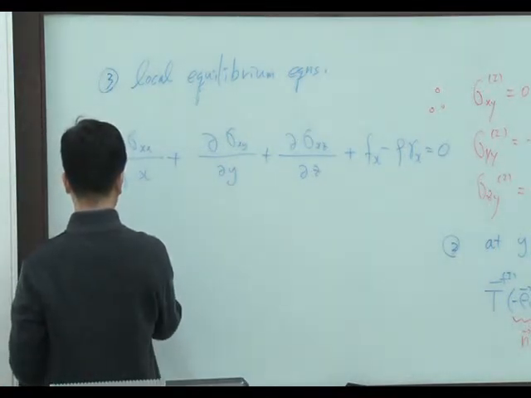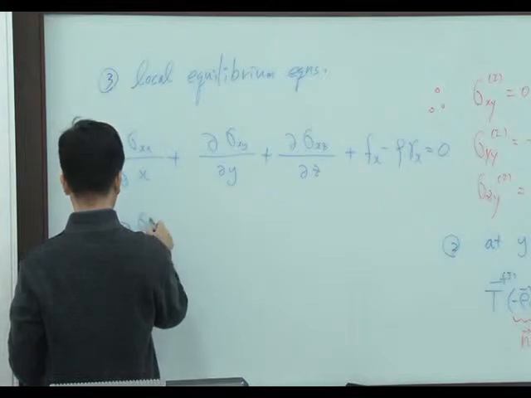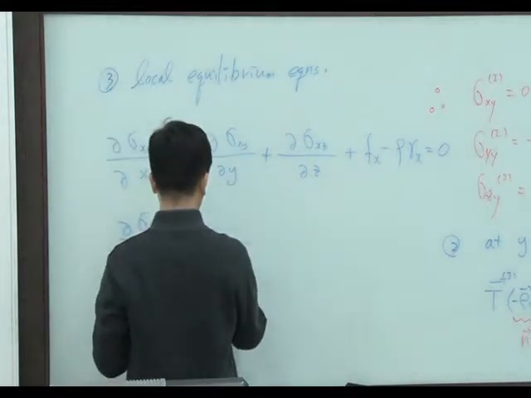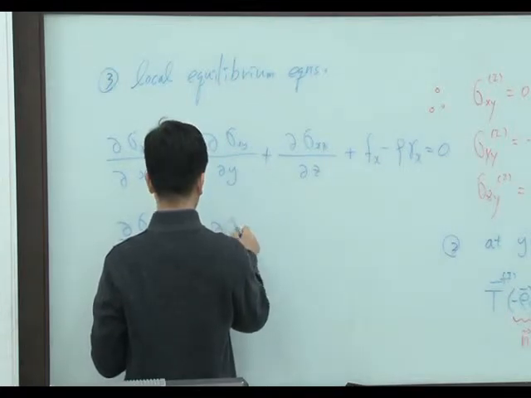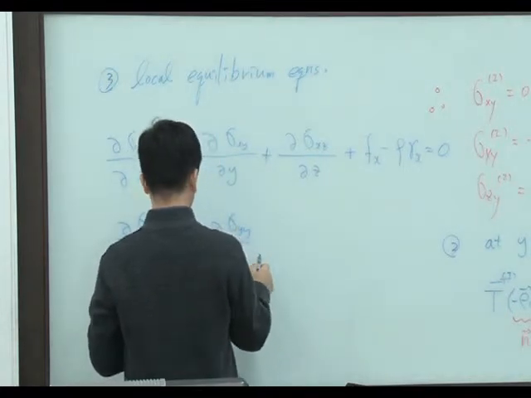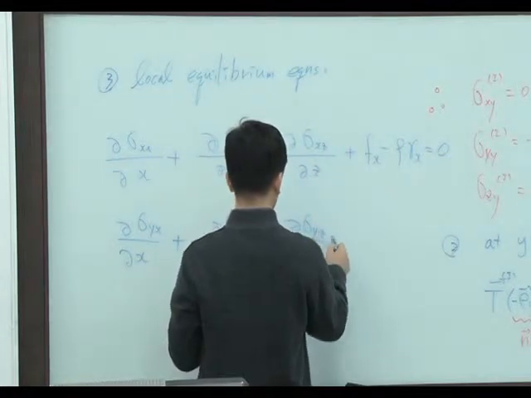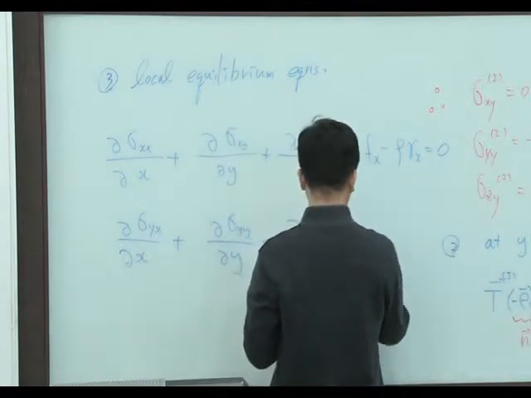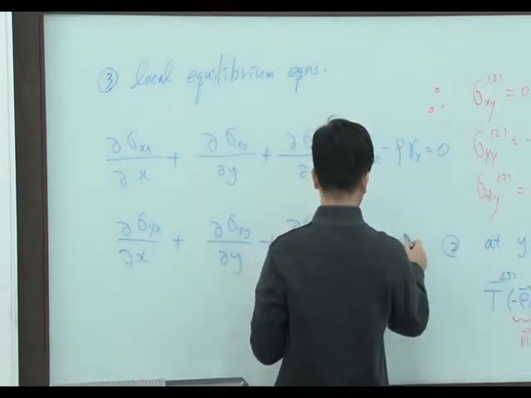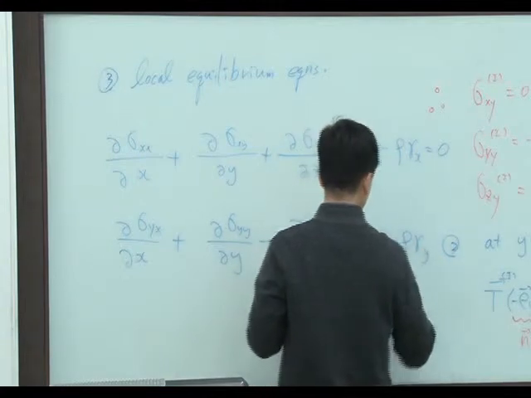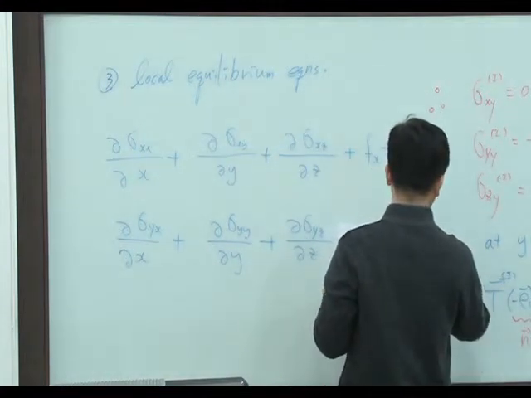Second, yx, yy, yz plus fy minus rho gamma y equal 0.